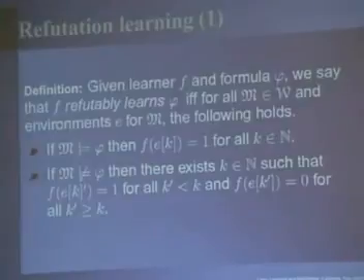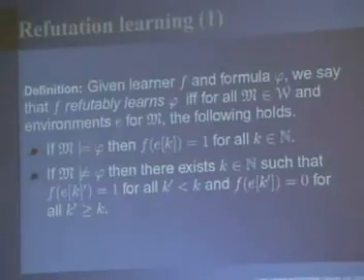That is, for the first few steps, a finite number of times, it is allowed to output 0, 1, 2, whatever, it can output 0 or 1 because we have restricted f to only output 0 and 1. It can vacillate between 0 and 1, but eventually it must converge to 1 if the formula phi is true in M. Okay, and this is the standard notion of learning in the limit.